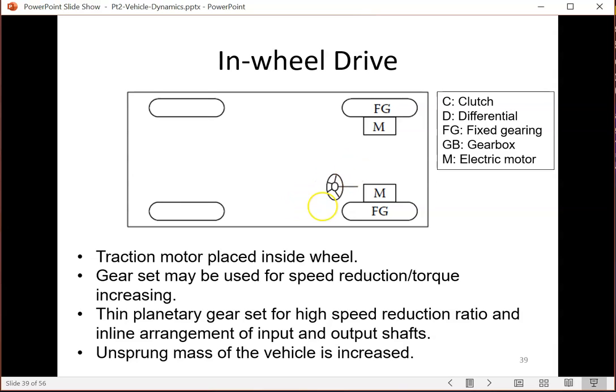You can either put a gearbox into the wheel, or you can actually put the gearbox and the motor, both these components, into the wheel as well.